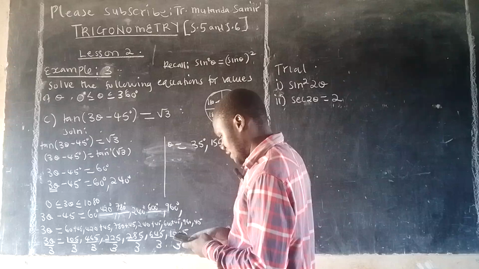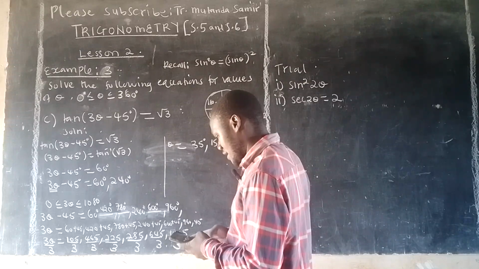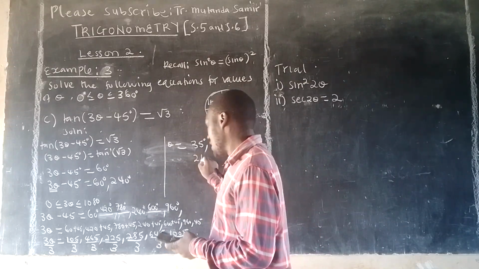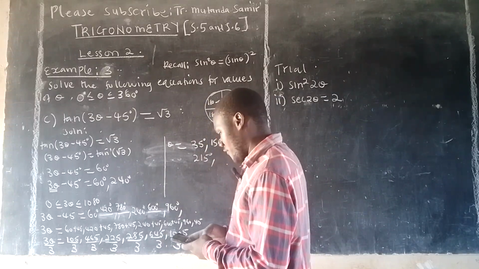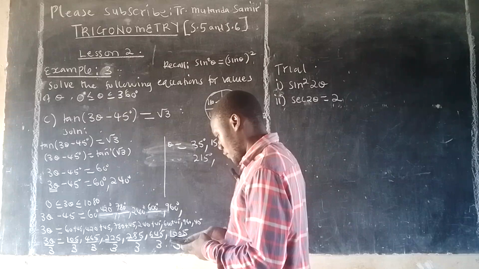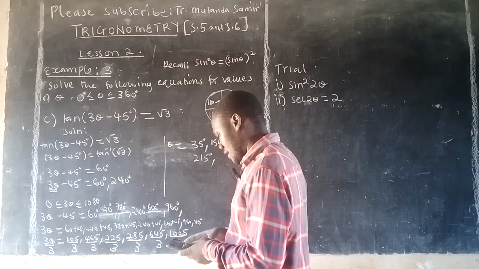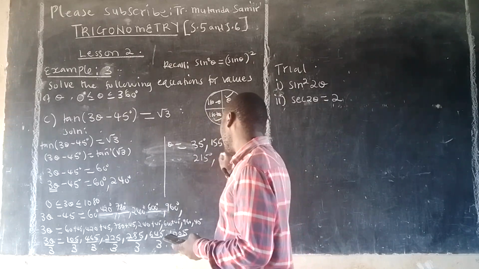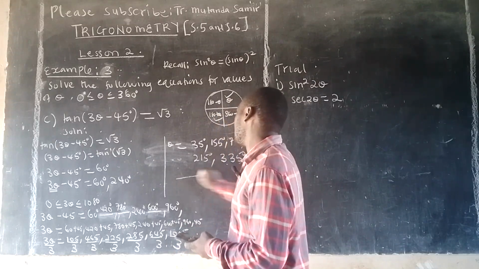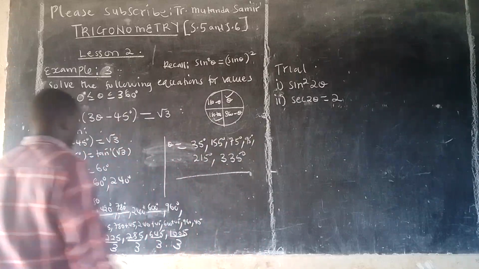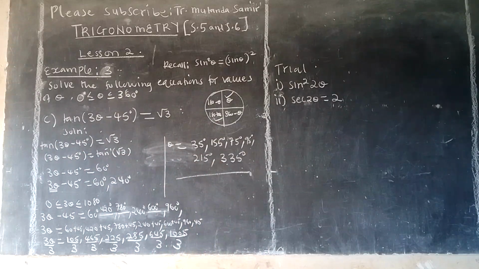Then 645 divided by 3 will be 215 degrees. Lastly, 1005 divided by 3 will give us 335 degrees. And that will be our final answer.